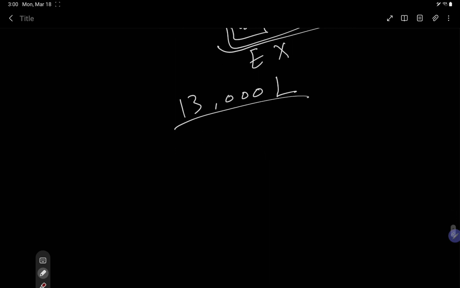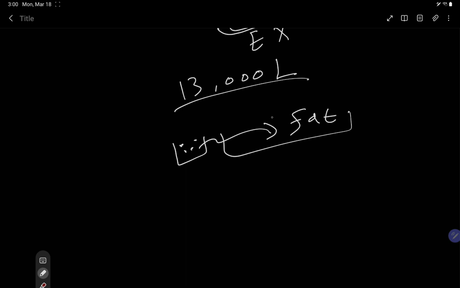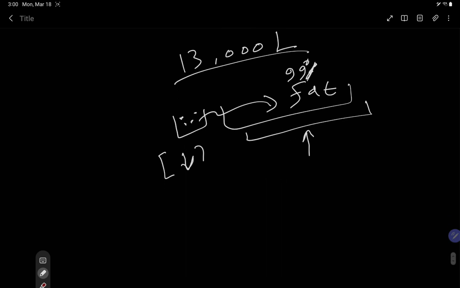The reason for this very large number is that when I gave this drug to the patient, it was in the plasma first, then 99% of it escaped to the other body tissue, mainly the fat. Because it now has a very high concentration in the fats and a low concentration in the plasma, this gives me the illusion of distributing to 13,000 liters of fluid.